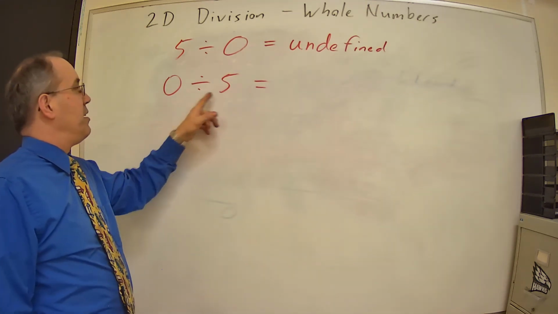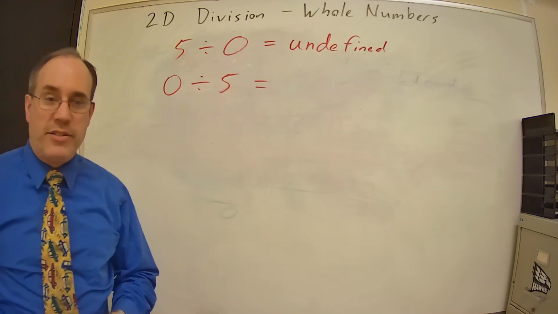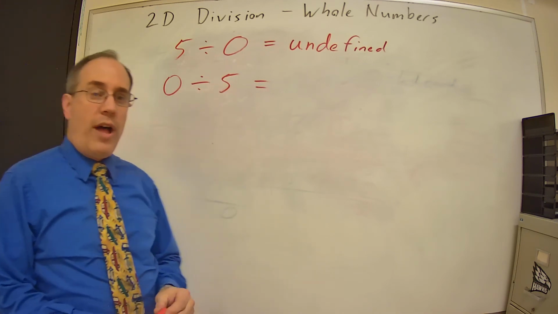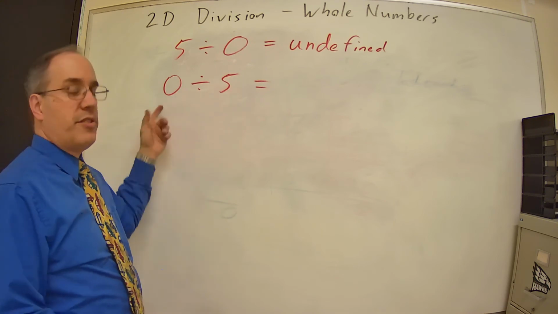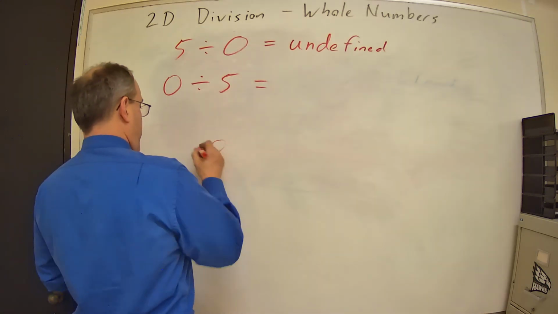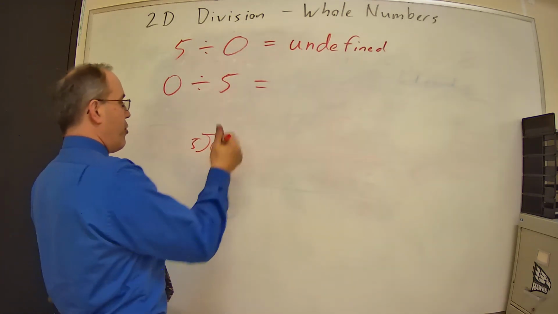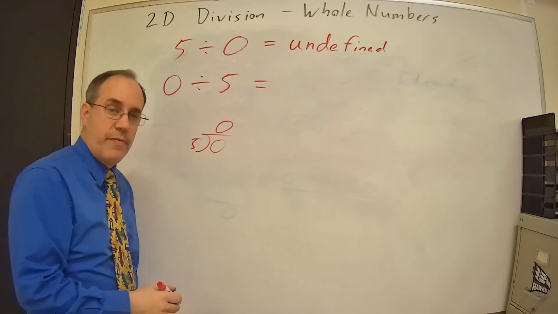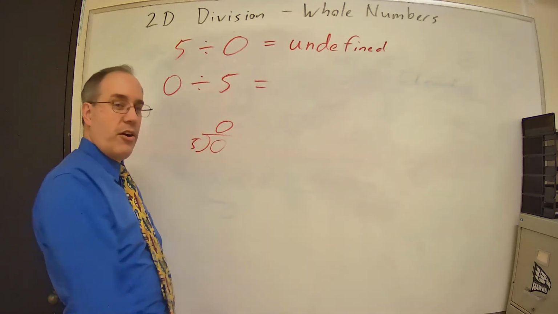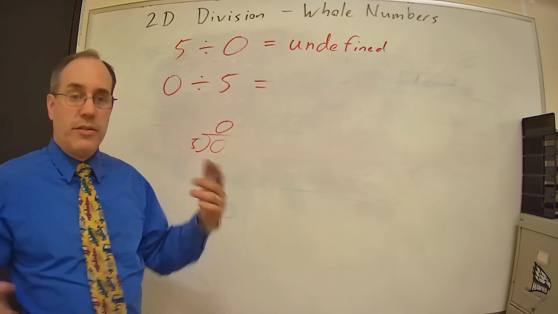Whereas 0 divided by 5, if I take 0 and divide it by some number, well, how many times does 5 go into 0? That's what it's saying, right? It goes in 0 times. And no matter how many zeros I have there, it's still going to go in 0 times.